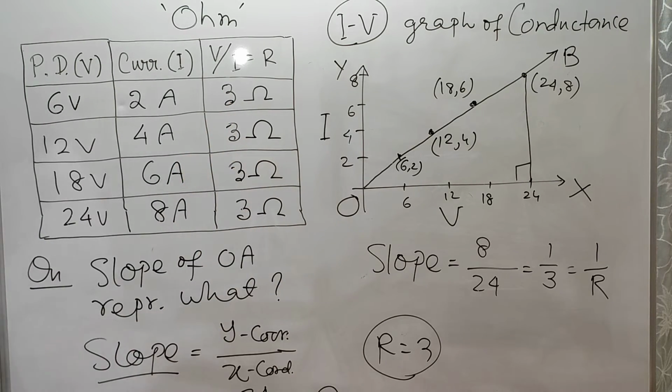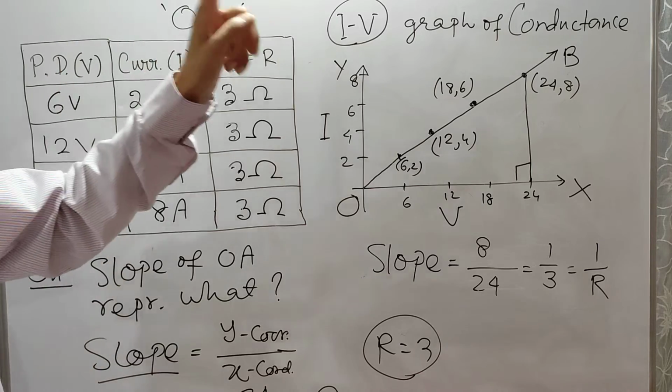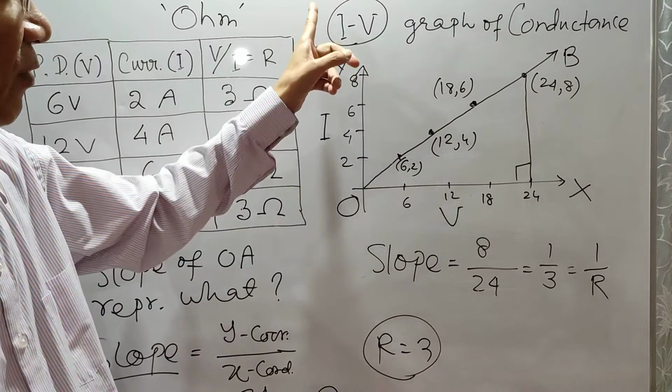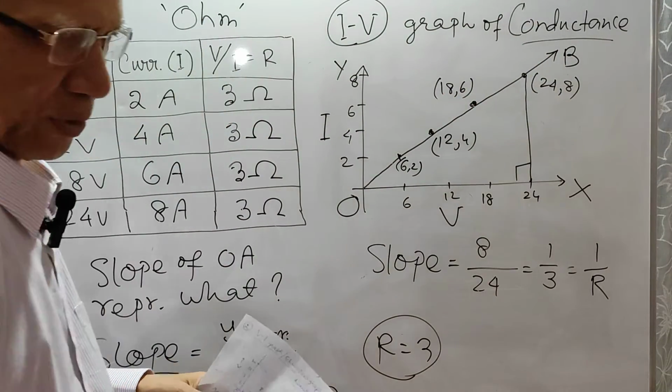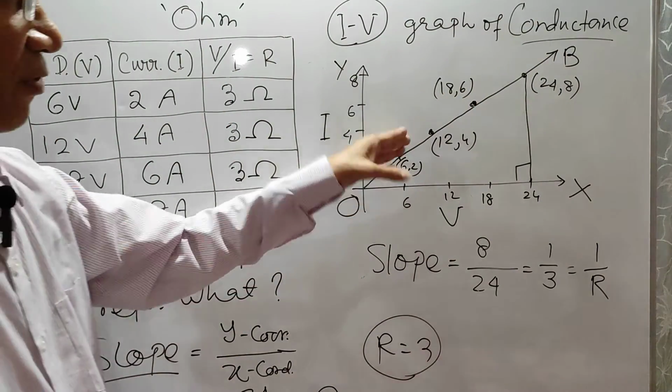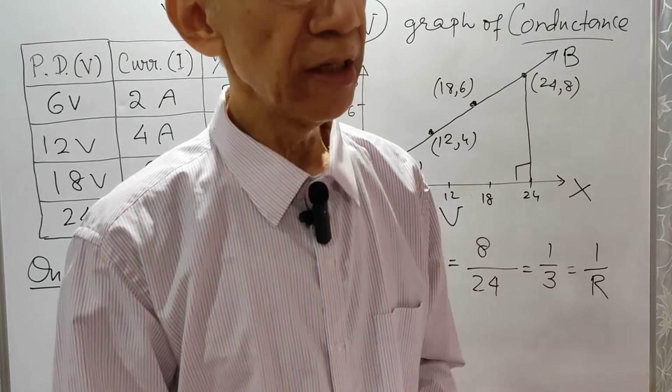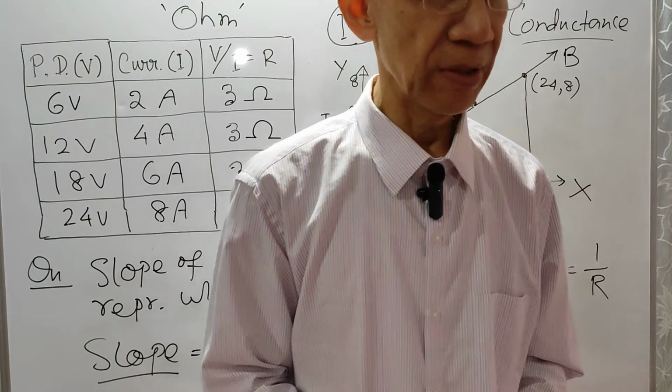So slope of the VI graph represents resistance, and slope of the IV graph represents conductance.